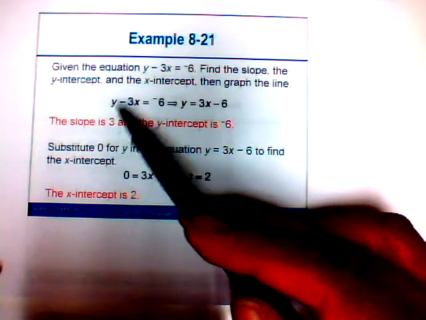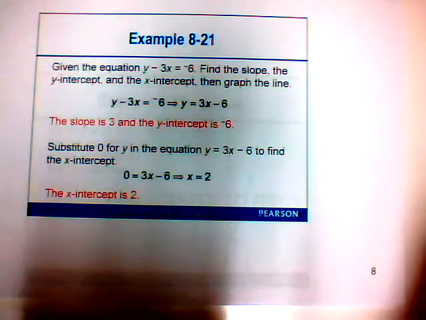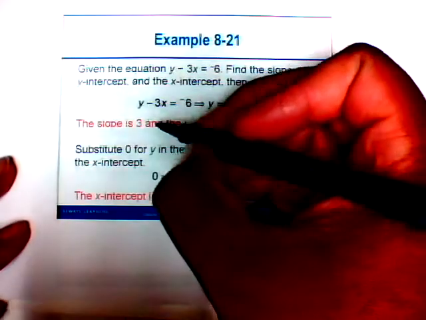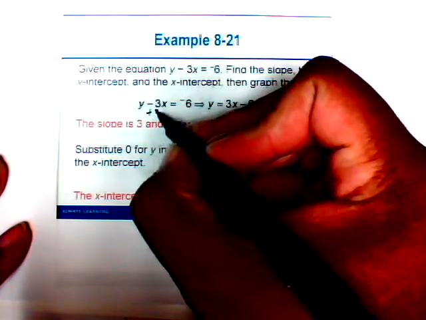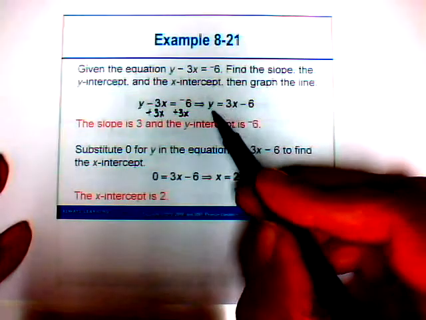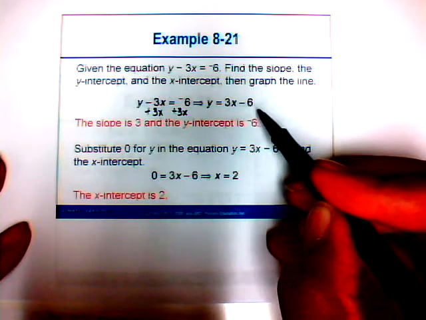Okay, with this one, you've got y minus 3x equals negative 6. Let's write this in slope-intercept form, which means you want to get y by itself. And to do that, you'll have to add 3x on both sides of the equation. So you're going to have y is equal to 3x minus 6.